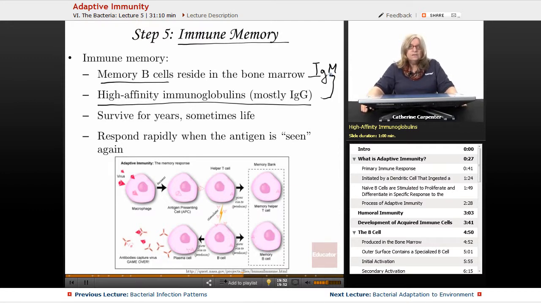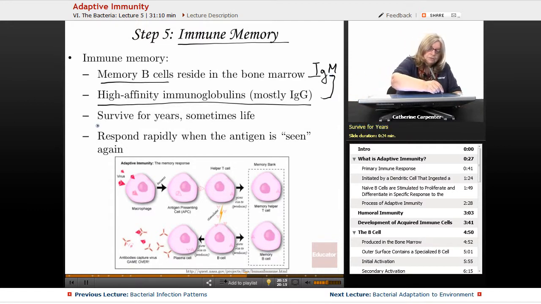That often takes days, weeks, and in the case of HIV, up to 6 months, to actually have the presence of antibodies. So once you've been exposed to a particular pathogen and you have memory B cells, the time it takes to get activated is much shorter.